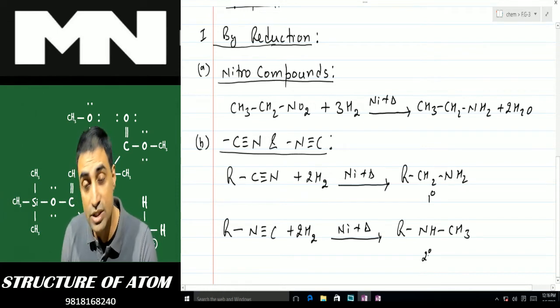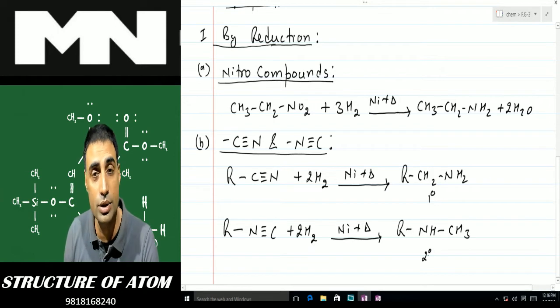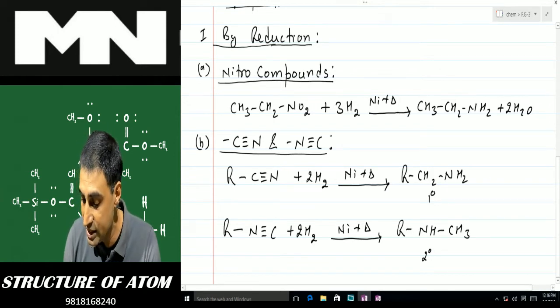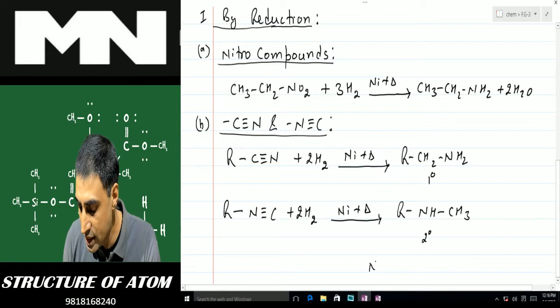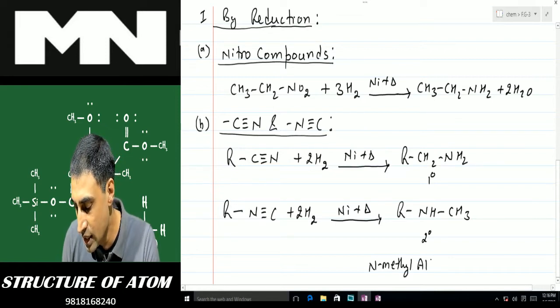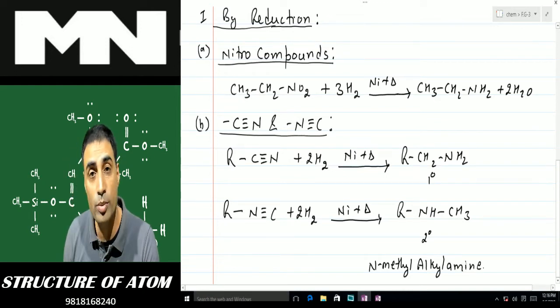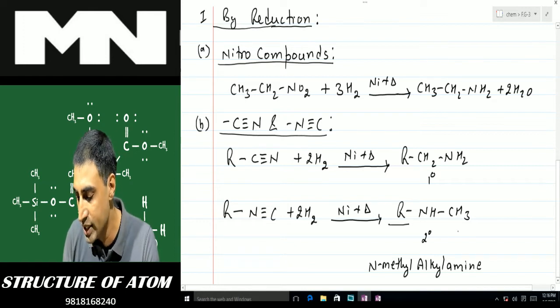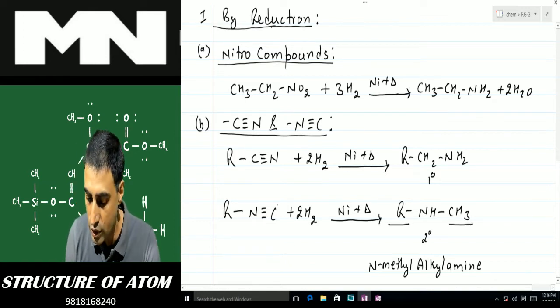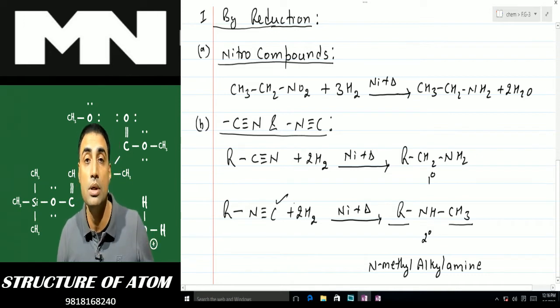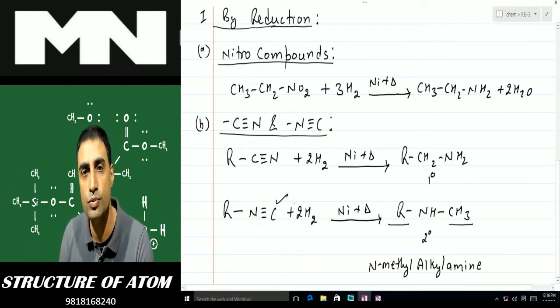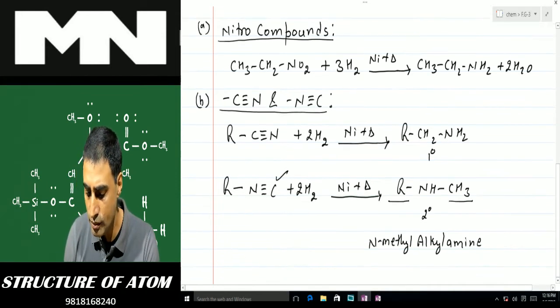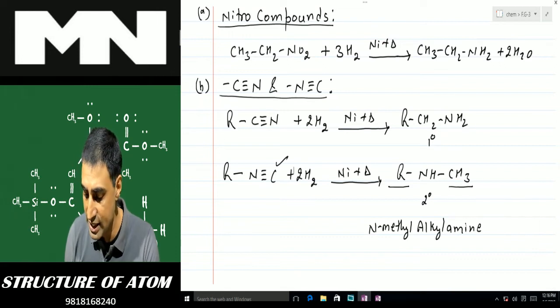The limitation of this method for isocyanide is that although you are getting a 2-degree amine, that amine is always an N-methyl alkyl amine. No matter what alkyl group you have here, you will always get a methyl group, because you have only one carbon on this side of nitrogen, that on reduction will form a methyl group. So always you will get a secondary amine, that is N-methyl alkyl amine. So this is reduction of cyanide and isocyanide.